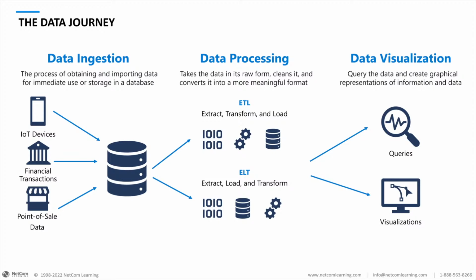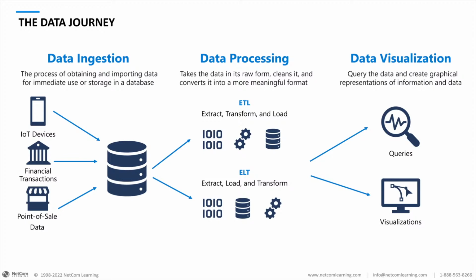The next layer is data processing. Data processing takes the data in whatever form it comes in, i.e. its raw form, cleans it, also known as transforms it, and then converts it into a more meaningful format, okay? There are two processes that are part of the data processing execution that allow us to ultimately get to that point.